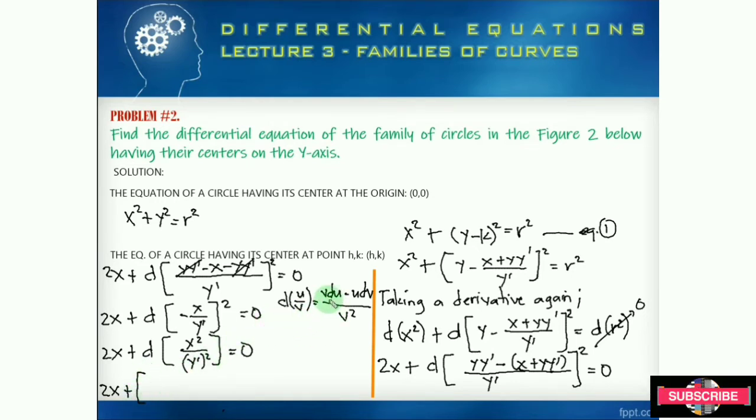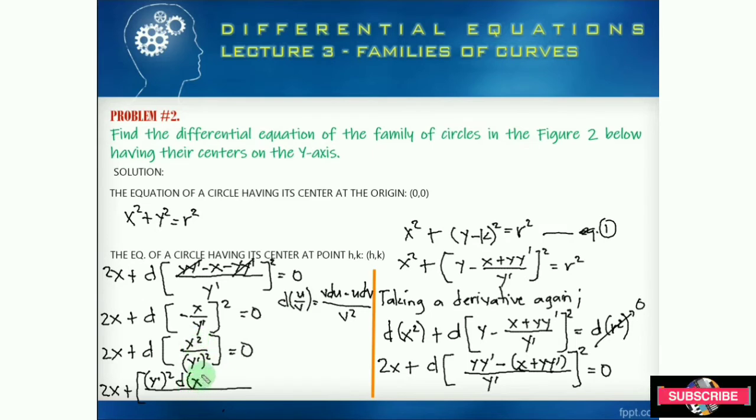So b du, our b is y prime squared, and then the derivative of u, our u is x squared.